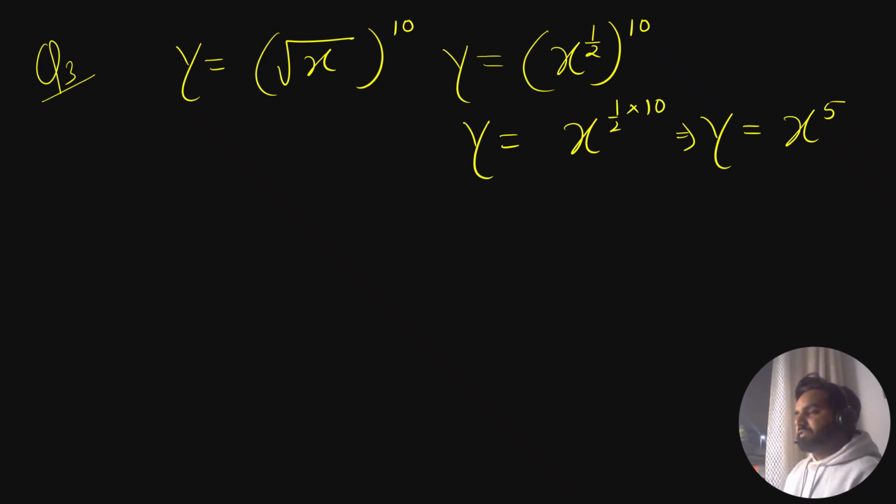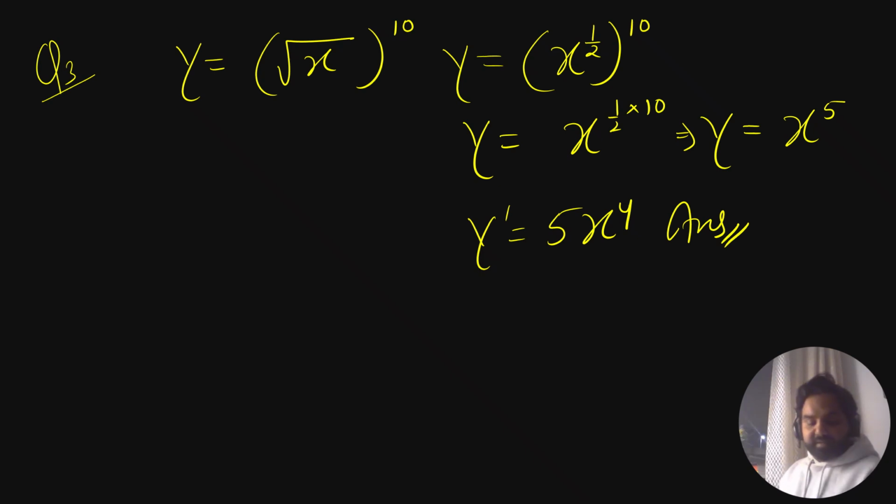Now the differentiation of this is y dash is 5 x to the power 4. This is your final answer. There is no trouble here in differentiation, the only problem is in simplification here. So you have to spend a little bit of time here to simplify it further into a good algebraic expression.